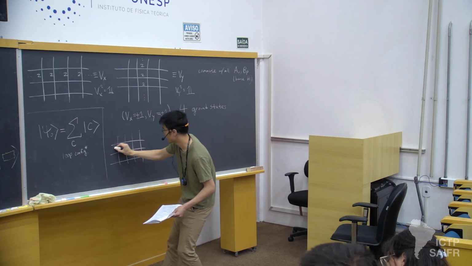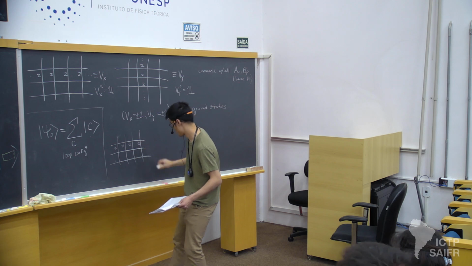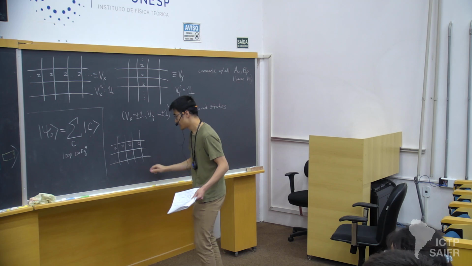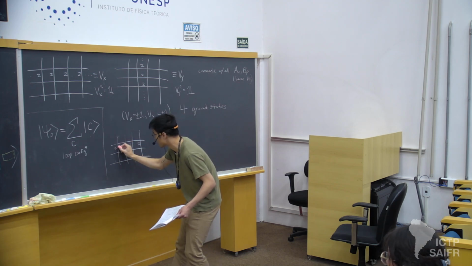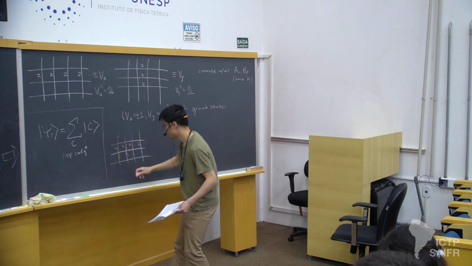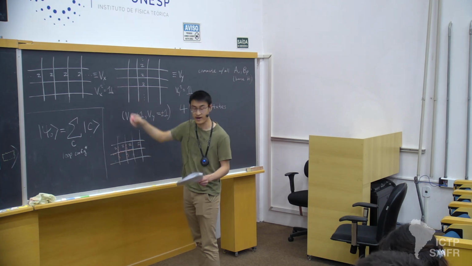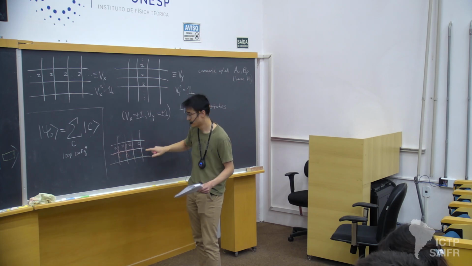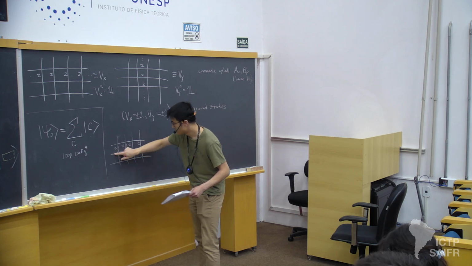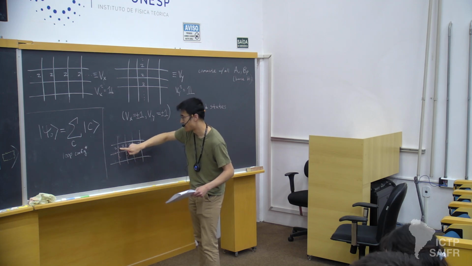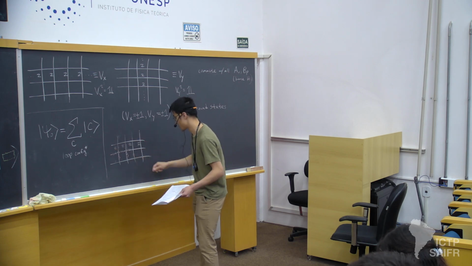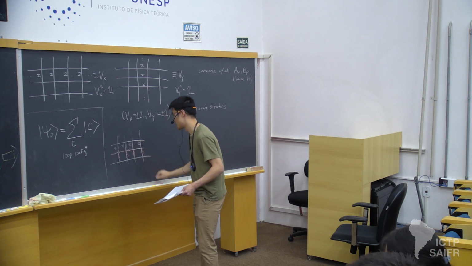If I have this original string of Z's, and then I multiply V_x by a product of star operators, all the adjacent ones cancel in pairs, because they all hit twice. And then this one also cancels the Z here, and so I end up with a product of Z's here.